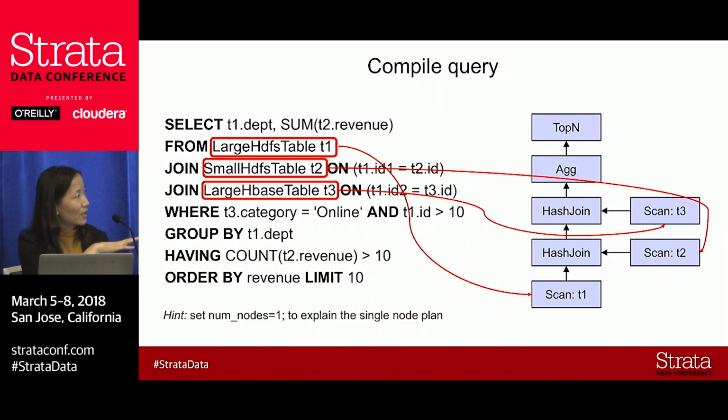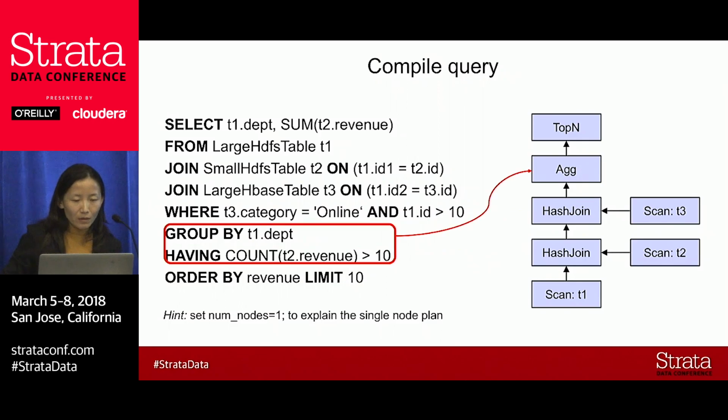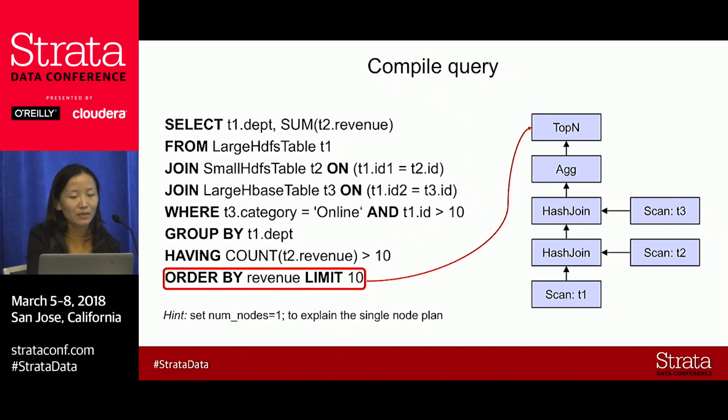And you can see from this select query, we have 3 tables we need to scan, so they map to the 3 scan nodes. Then there are other operators, like the join here, mapped to the join node. After we finish the join, there will be the group by and having, which map to the aggregation part. The last one is this order by that maps to the top-N.